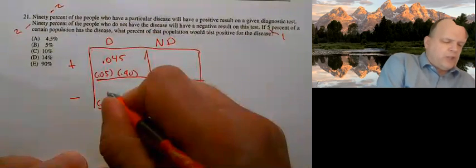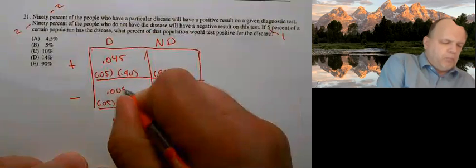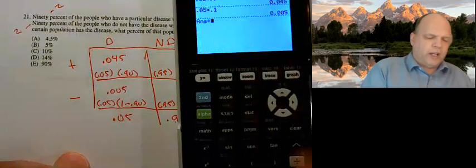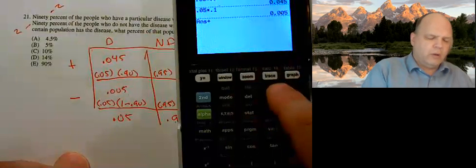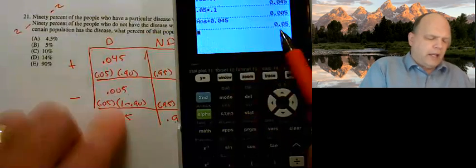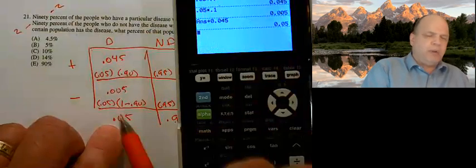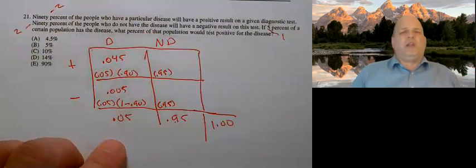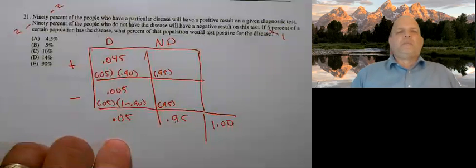Now here's what I meant by checking them. I should be able to add these two values. So let's check it out. And they add up to 0.05. So this plus this, they sum together. That looks like a pretty good chance that we did not make a mistake there.